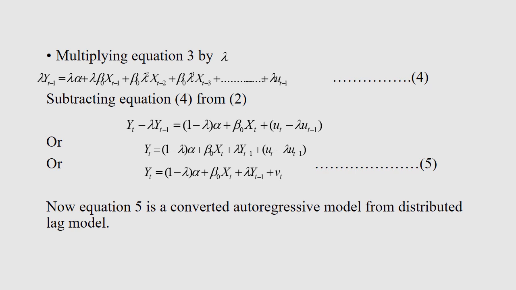In the beginning I told you, if there is any lag value of the dependent variable present as an independent variable, that model is known as an autoregressive model. You see equation number 5, one of the lag values of the dependent variable is present here in the form of yt minus 1. So this is a converted autoregressive model.